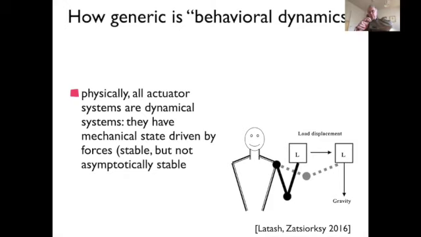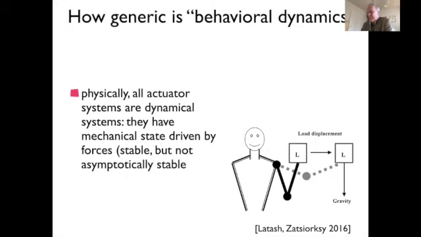So I want to close this lecture by just pointing out that it's not just vehicles that are like that. It is a generic property of the behavioral level of being a dynamical system. And here I'm just alluding to stuff that is done in more detail in the summer semester.